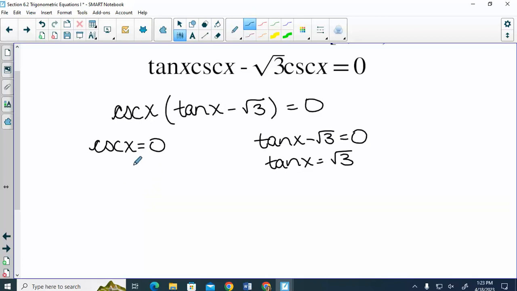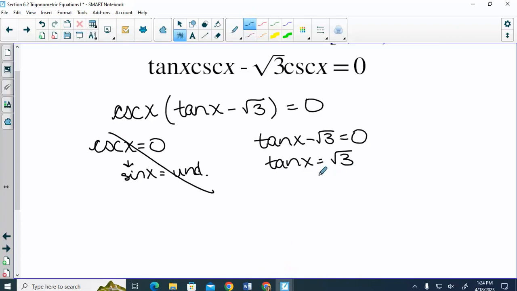If you don't like cosecant, you could think about its reciprocal. Reciprocal of cosecant is sine. What's the reciprocal of 0? Undefined. Is sine ever undefined? No. So can this happen? So we just ignore that one.